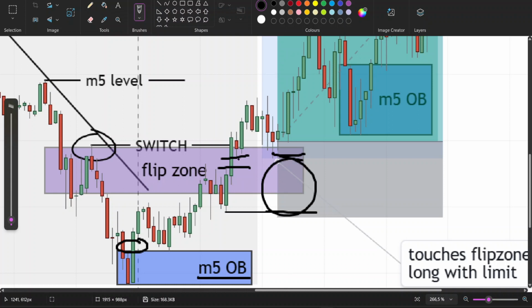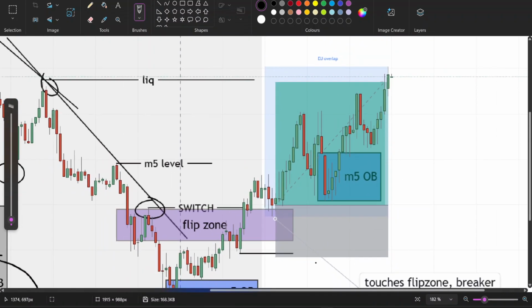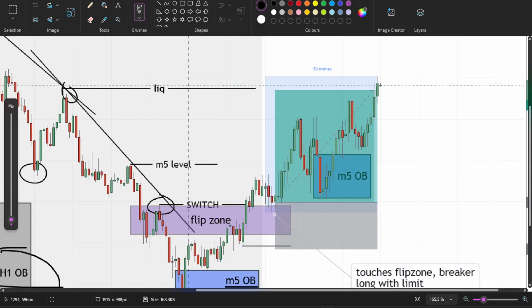And there could be a limit here, even better. At this time, the next interesting level is this, but the R is so low, it's BS, so we're going to skip it. And the next high, which is strong, that has some kind of validity, is this.